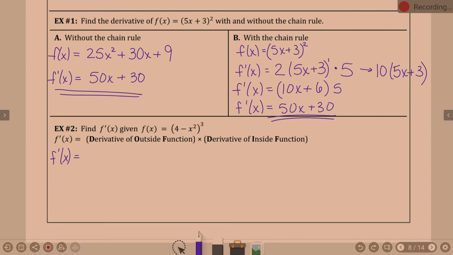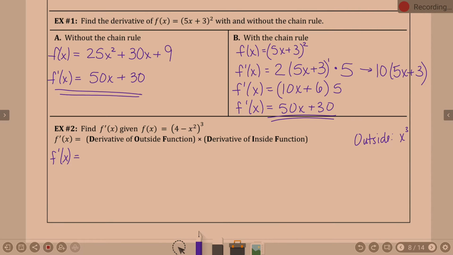What's my outside function? Something to the third, yes? Yes. And notice, instead of me just saying x cubed, I'm saying something. Because does that something matter right now? No. Okay. So and I would say, if you're thinking here, okay, I do agree. The outside function is something cubed.